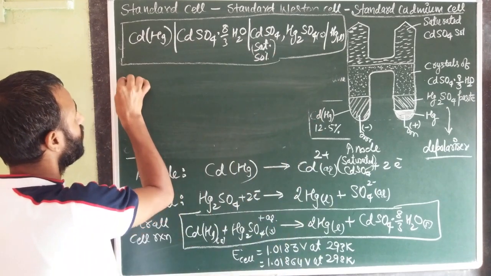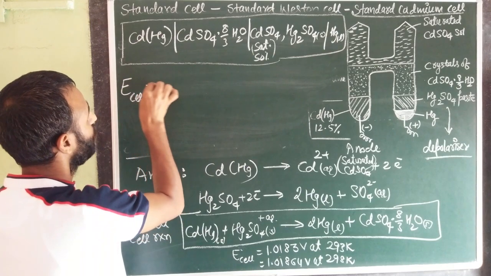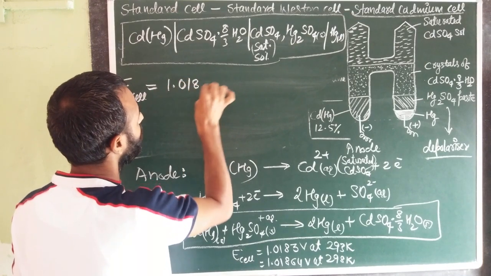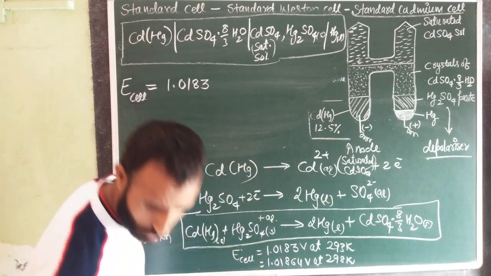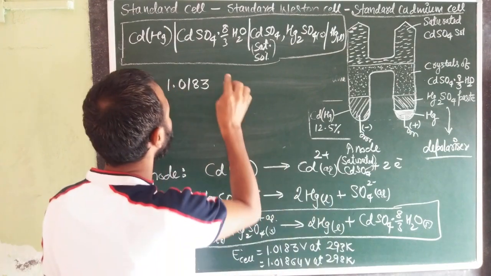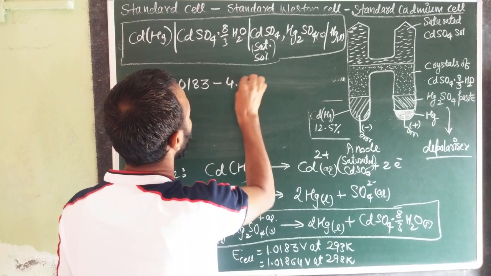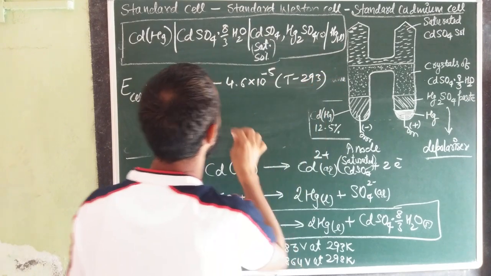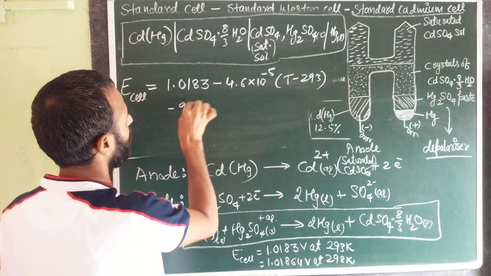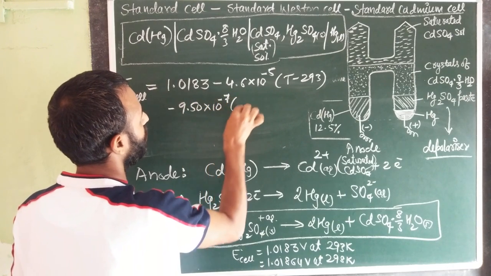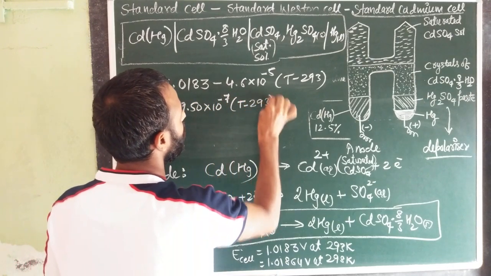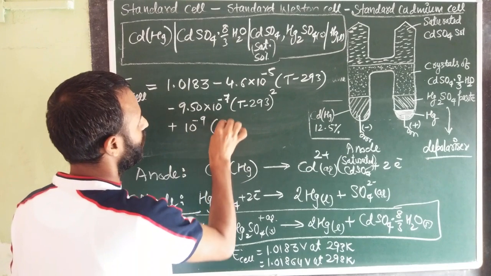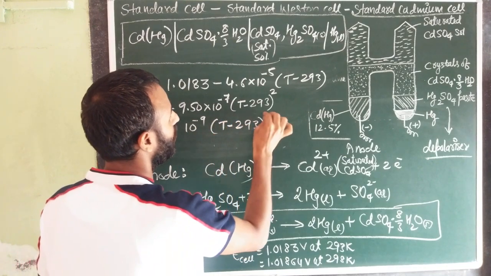In this case, the EMF of this cell varies with temperature by the relation 1.0183 minus 4.6 into 10 raised to minus 5 (T minus 293), minus 9.50 into 10 raised to minus 7 (T minus 293) squared, plus 10 raised to minus 9 (T minus 293) cubed.